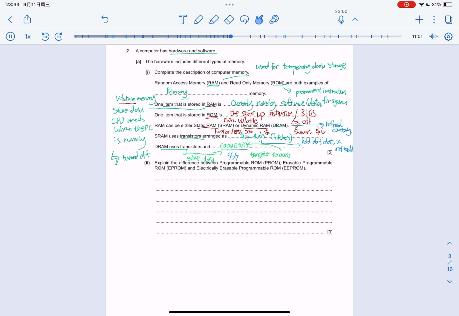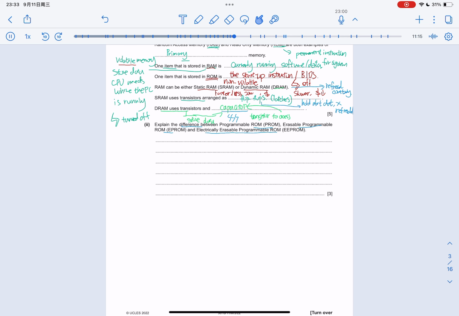Okay, next question. Explain the difference between programmable ROM (PROM), erasable programmable ROM (EPROM), and electrically erasable programmable ROM (EEPROM). So here are 4 points. Each point is strengthened progressively downward.